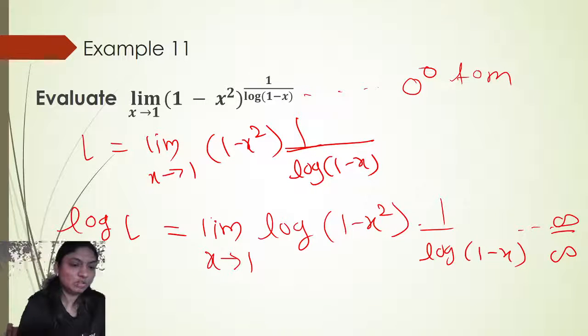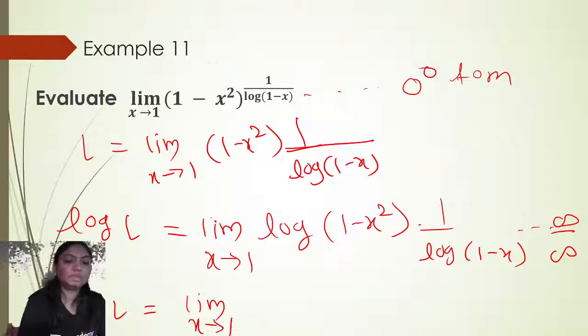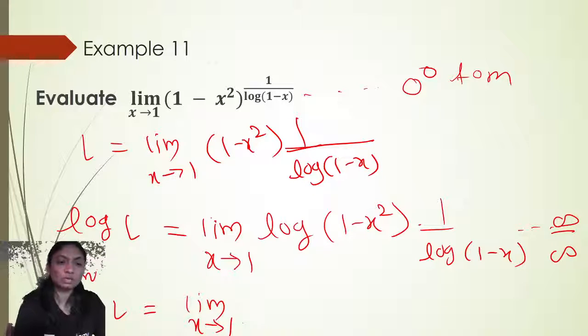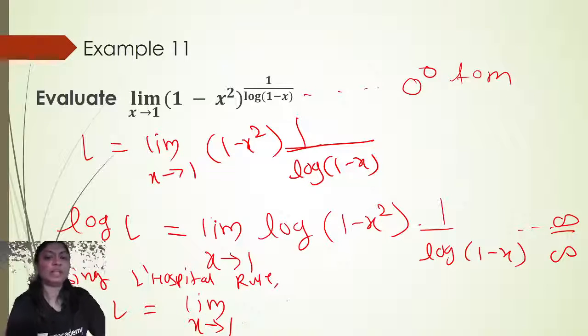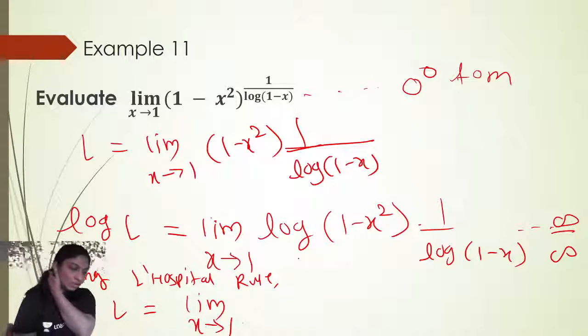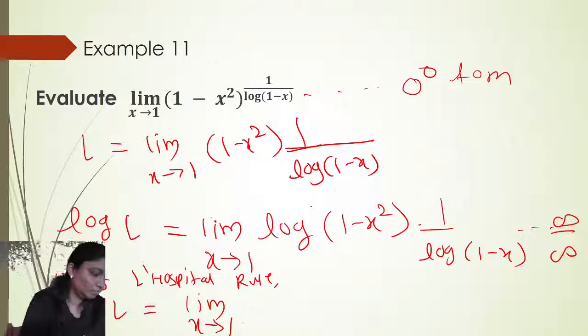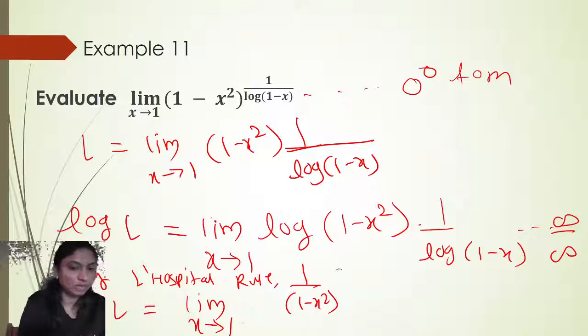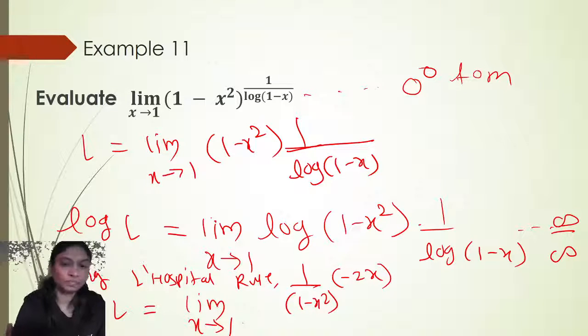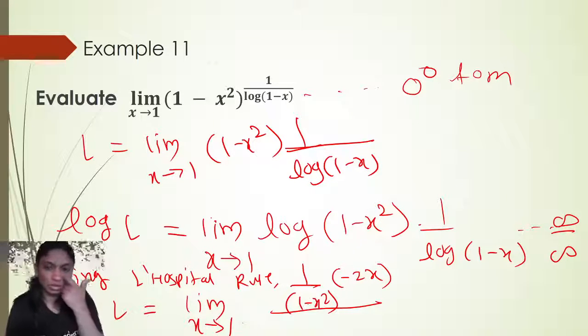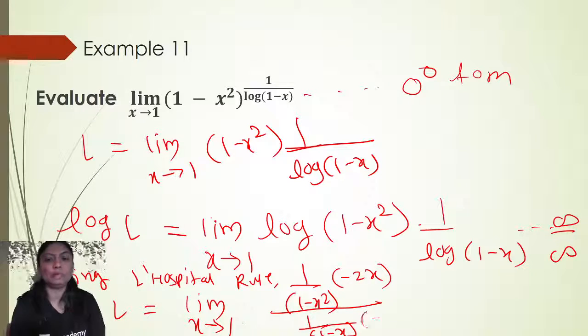As we get infinity upon infinity form, using L'Hospital rule, log L is equal to limit as x tends to 1 of log of 1 minus x square upon log of 1 minus x. So here we'll get 1 upon 1 minus x square into the derivative of 1 minus x square, which is minus 2x, upon 1 upon 1 minus x into minus 1.